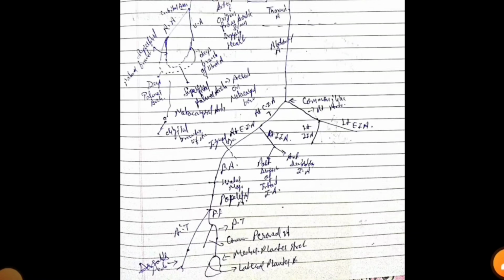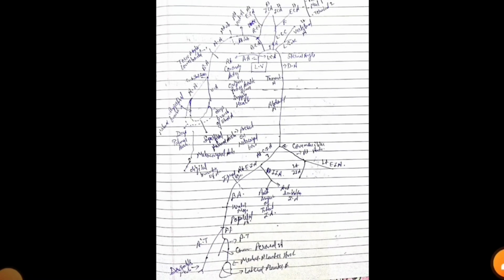So guys, this diagram shows the whole body arterial supply in a very short and sweet manner, by which you understand which artery supplies which. In my next videos I am going to explain individually the abdominal aorta and all its branches, the upper limb in detail, the lower limb in detail, internal iliac, external iliac, vertebral arteries, thoracic aorta and its individual branches, everything in deep detail.